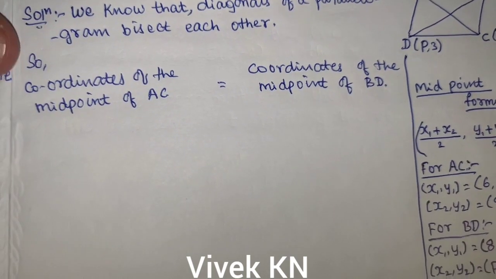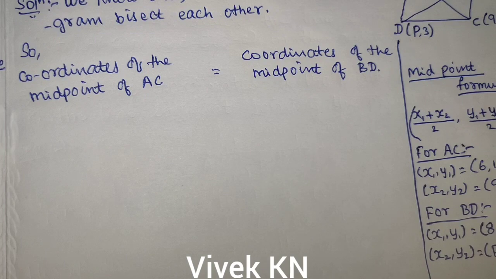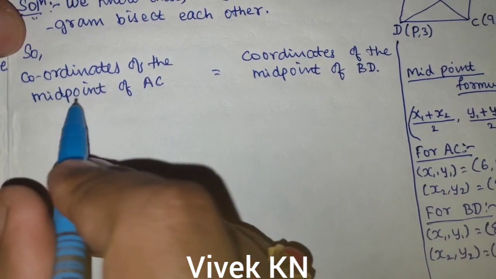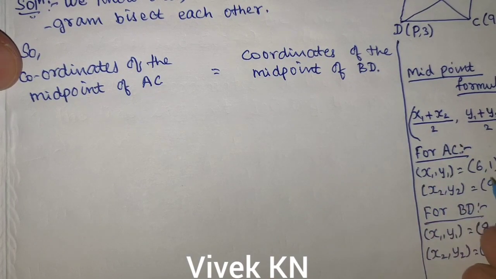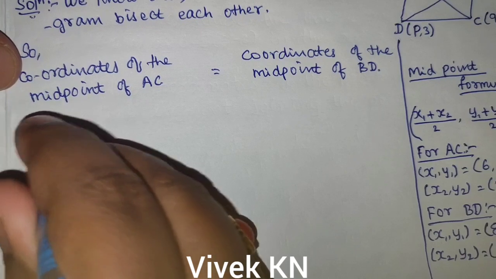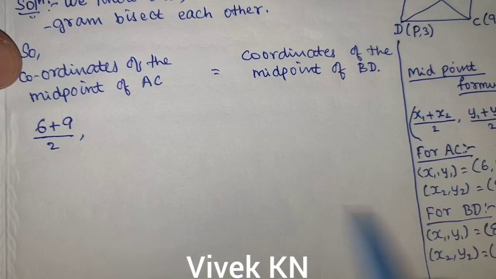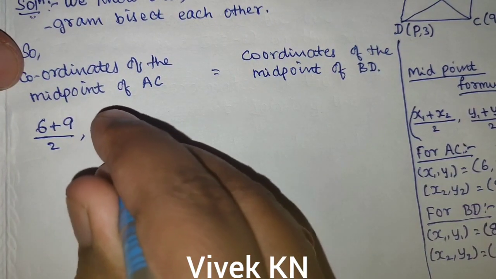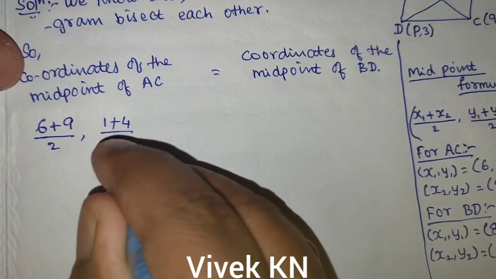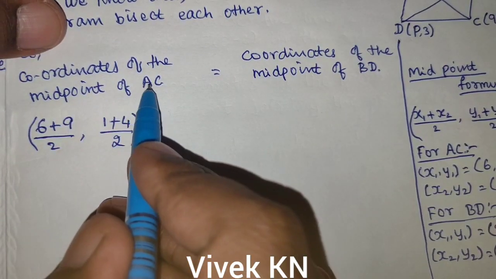Now here we have to substitute the values of x1 y1 and x2 y2. So the coordinates of the midpoint of AC is given by x1 plus x2, that is 6 plus 9 divided by 2, comma y1 plus y2 means 1 plus 4 divided by 2. This is the midpoint of AC.